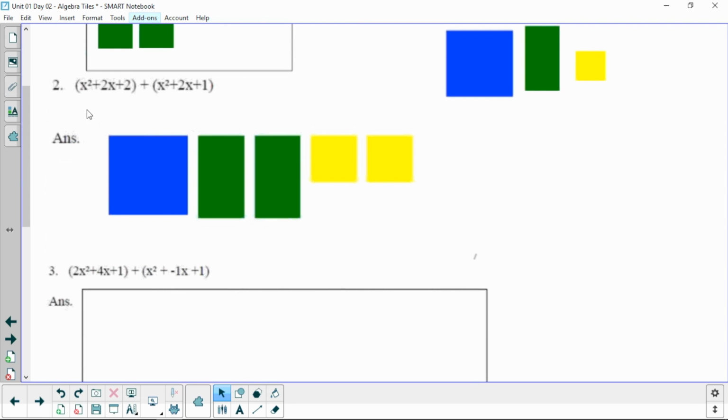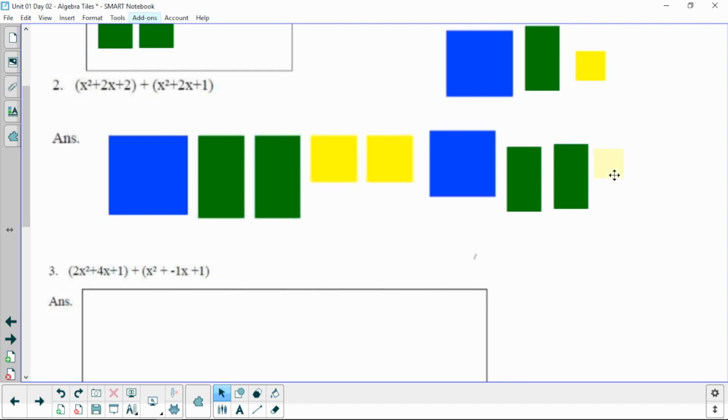For number 2, we already have the first part, x squared plus 2x plus 2. We're going to add another x squared, 2x, and 1. So then I can look at the total. We have 2x squareds. We have 4 x's. We have 3 little yellow squares. So that would be my final answer.